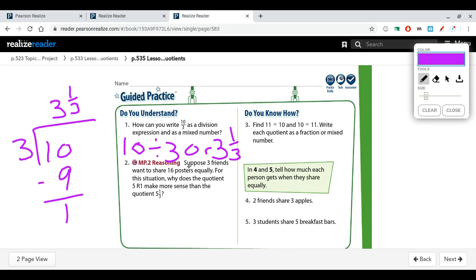Okay. Suppose 3 friends want to share 16 posters equally. For this situation, why does the quotient 5 R1 make more sense than the quotient 5 1/3? Okay.